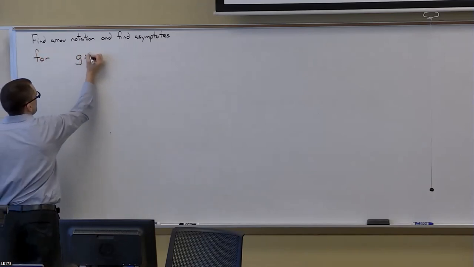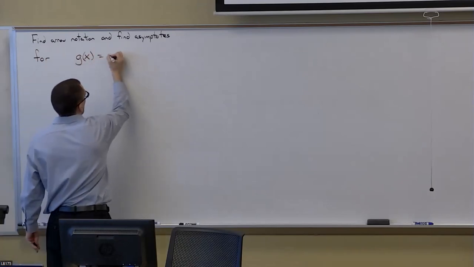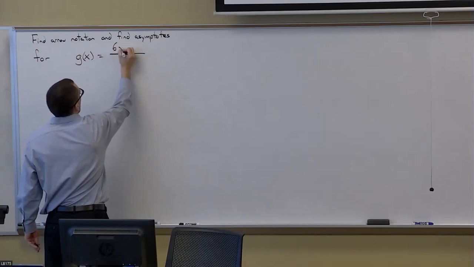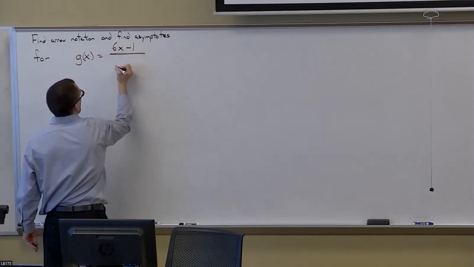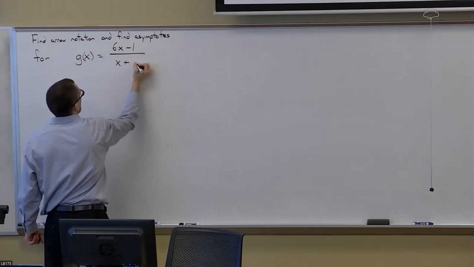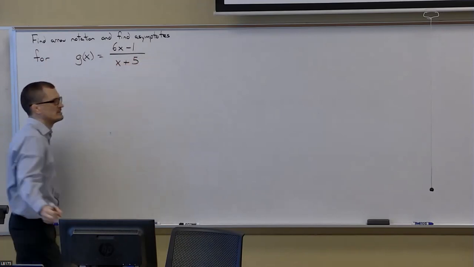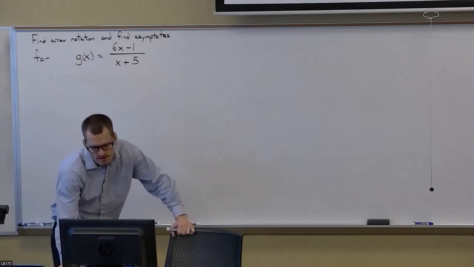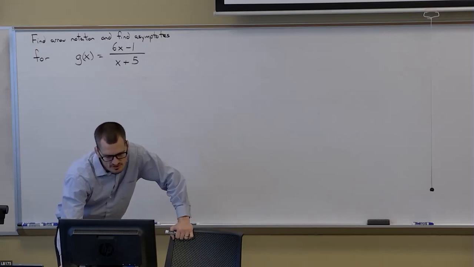Let's say we'll call it g of x equals 6x minus 1 divided by x plus 5. It's a little bit different.